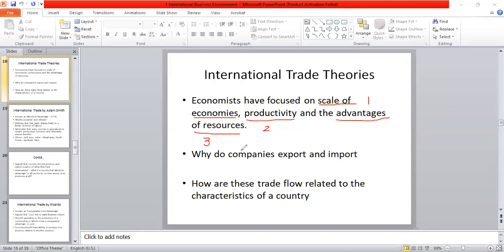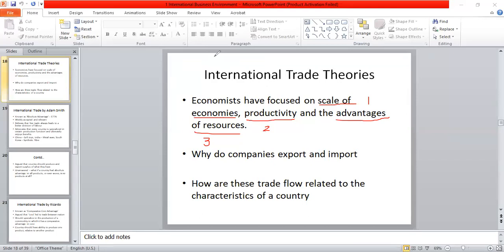Second factor, why do companies export and import? We have learned this. If I ask you why countries are motivated to go for export, why does the government motivate exporting?